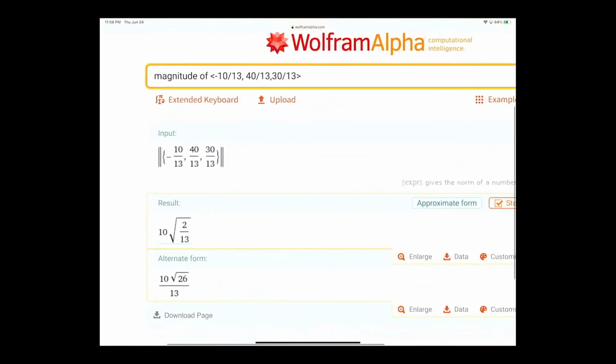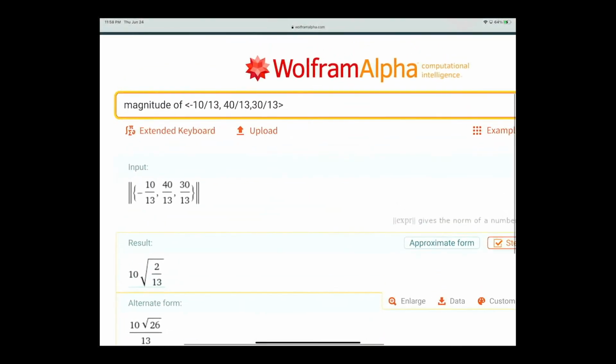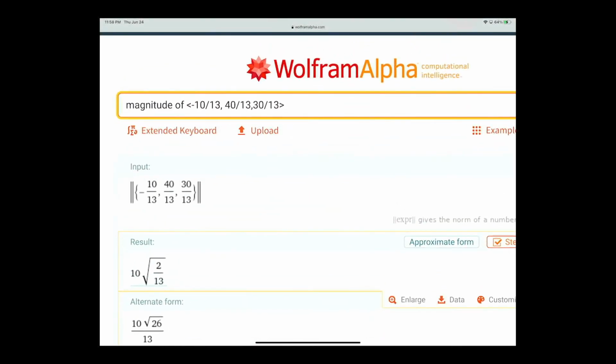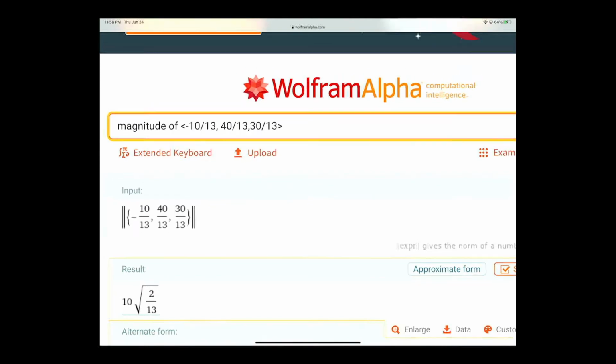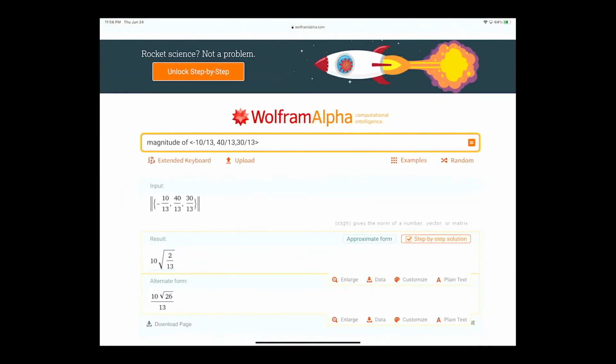You could get it that way from Wolfram Alpha if you so desire, but it would take 2 steps. The point that I was trying to make here is that Wolfram Alpha, if you haven't been using it before, is a very good site for doing calculations for a class like this, just to check your answers and stuff like that.